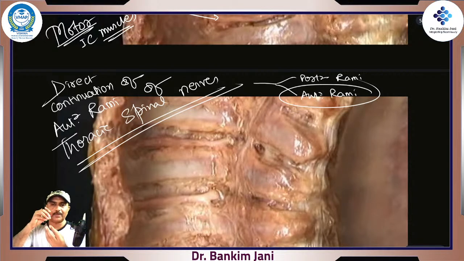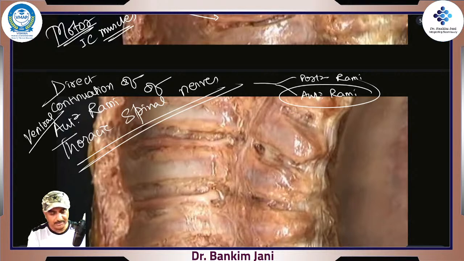That is, when the spinal nerves come out from the thoracic region, they divide into dorsal and ventral. So it is the ventral or anterior rami of thoracic spinal nerves that we are talking about, right? That's how it really comes up. So this is for the spinal nerves.